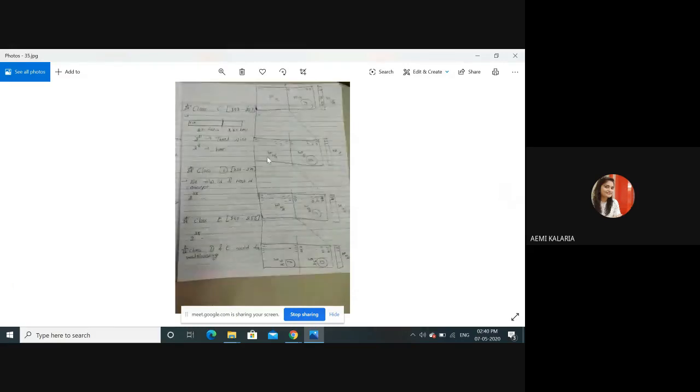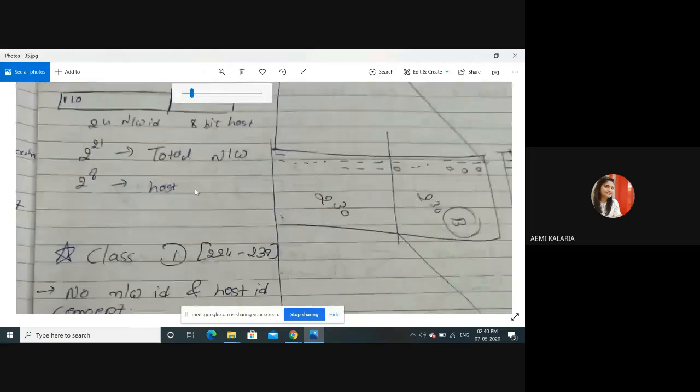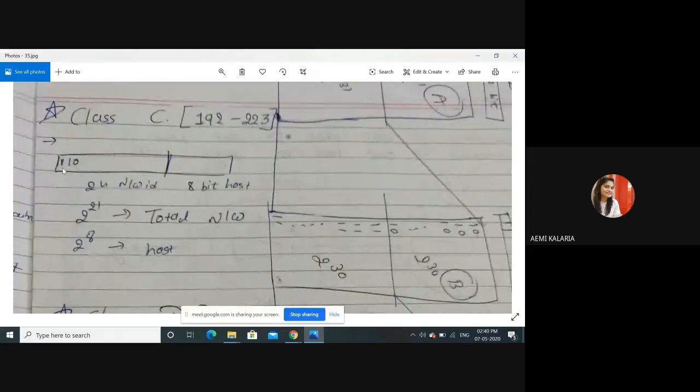Now let's say if I deal with class C, then 3 bits are constant, right? I already discussed class C. 110 is constant. One by one, what am I doing? I'm increasing the number of networks. Here, 3 bits or 2 raised to 28. 1, 2, 3, and 4.